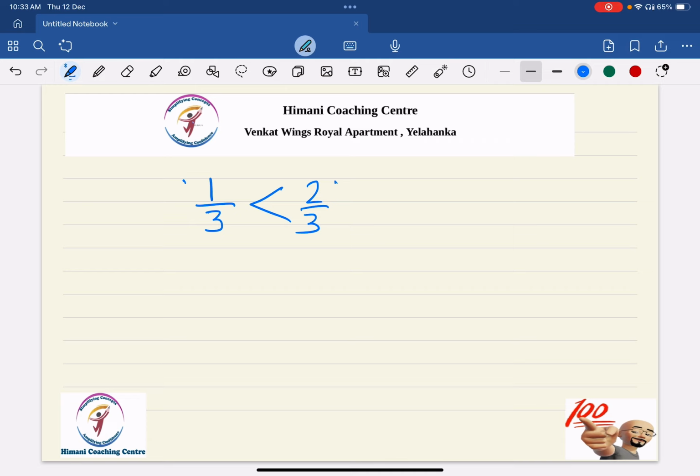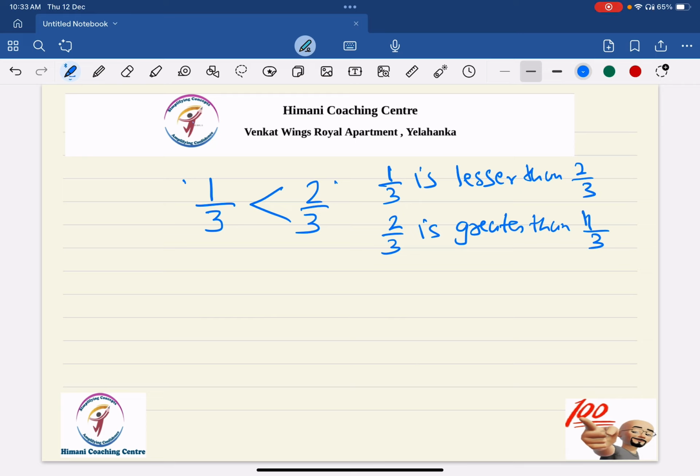Okay. So I will just write this down. We can say either 1 by 3 is lesser than 2 by 3, or we could have said 2 by 3 is greater than 1 by 3. Okay. So this is how we will write it.